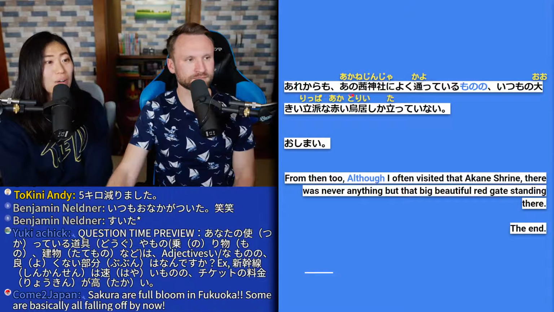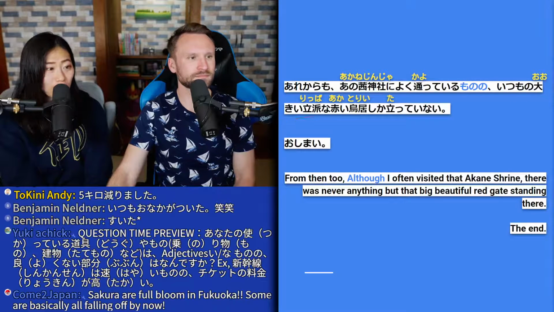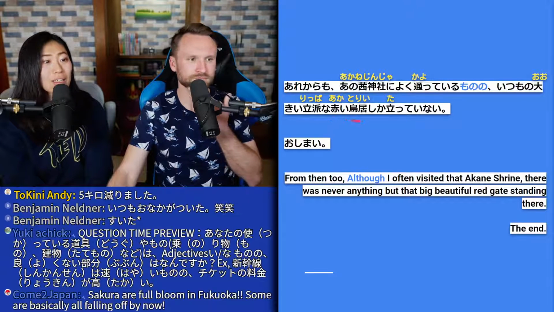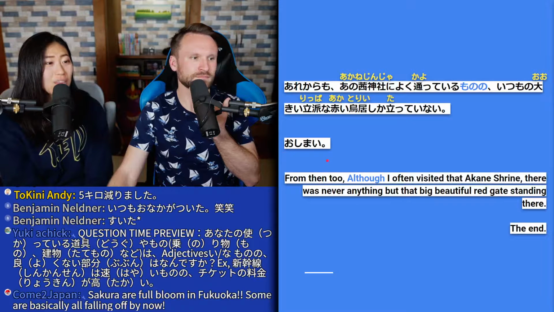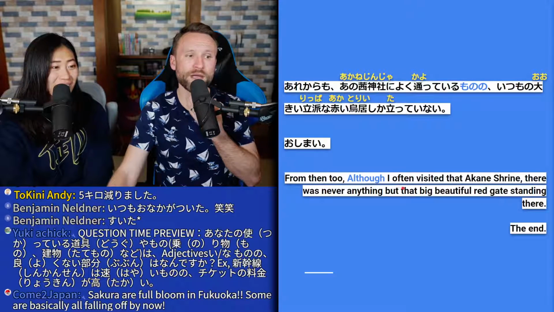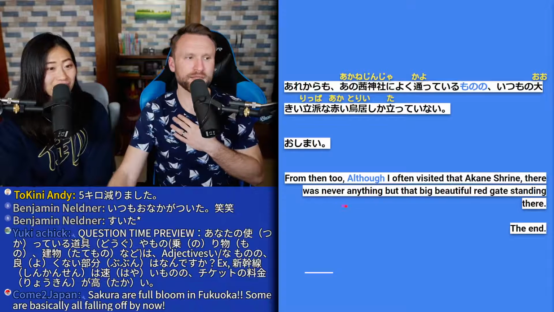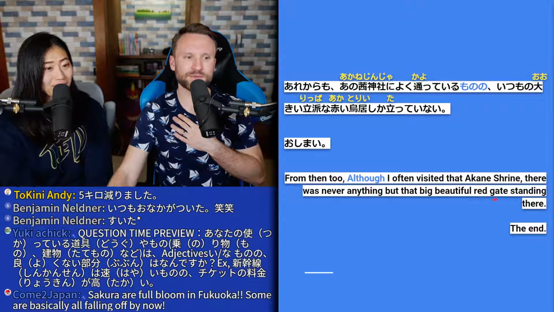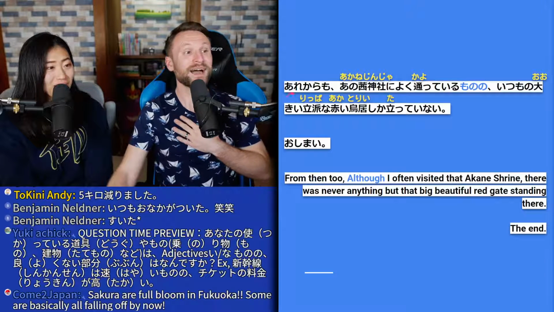あれからもあの茜神社によく通っているものの、いつもの大きい立派な赤い鳥居しか立っていない。おしまい。 From then too, although I often visited that Akane shrine, there was never anything but that big, beautiful red gate standing there. The end. Breaking it down. あれからも.